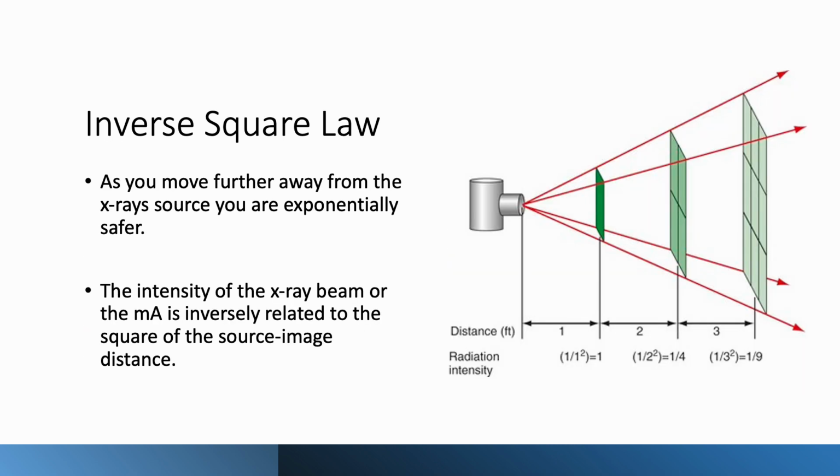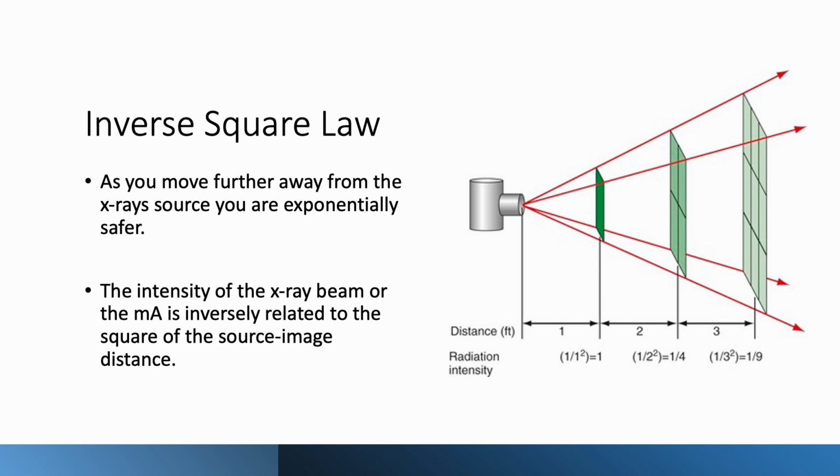The inverse square law, I think this makes sense to people intuitively, but the terminology gets so muddy. As you move further away from a source of X-rays, you are exponentially safer. So if I am 10 feet away, I am exponentially safer than if I was just 5 feet away from the X-ray source.